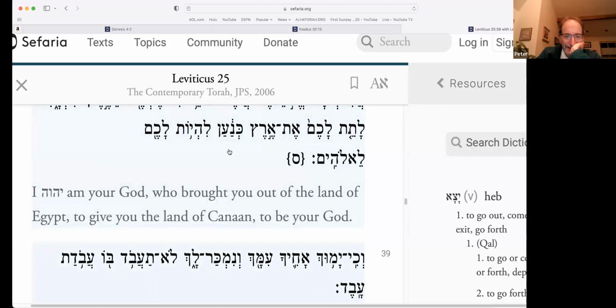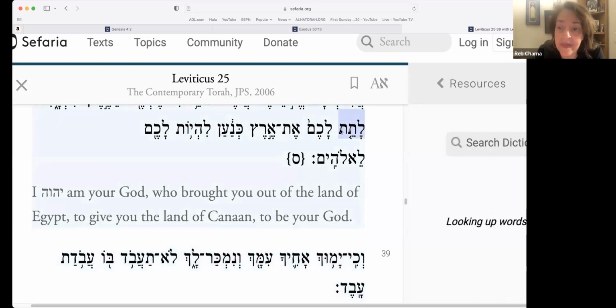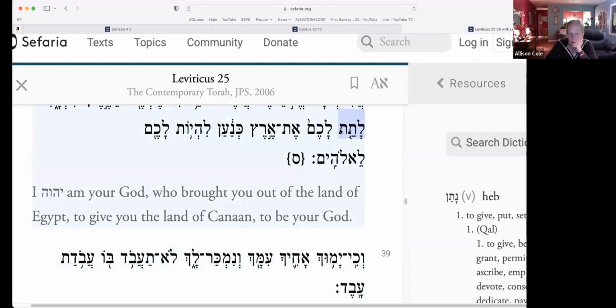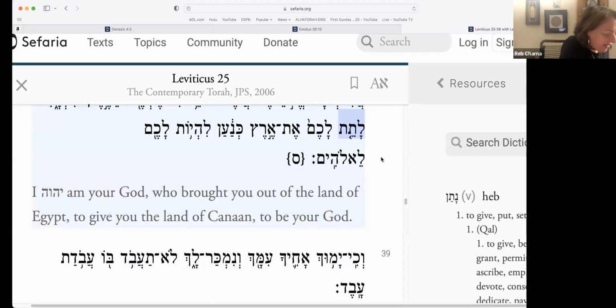Anybody want to guess what the word root is of latate? Oh, I just gave it to you. Now, how dare a word root only have one letter of its three-letter shoresh? How can it do that to us? I will tell you its binyan in a second.